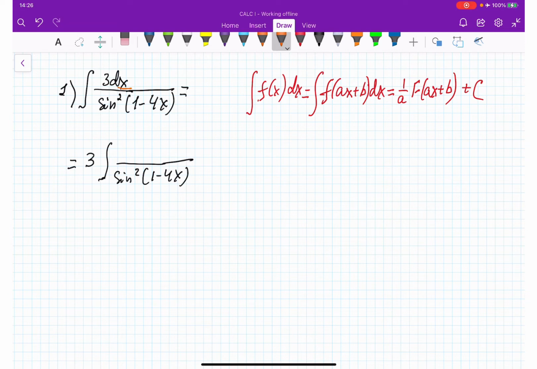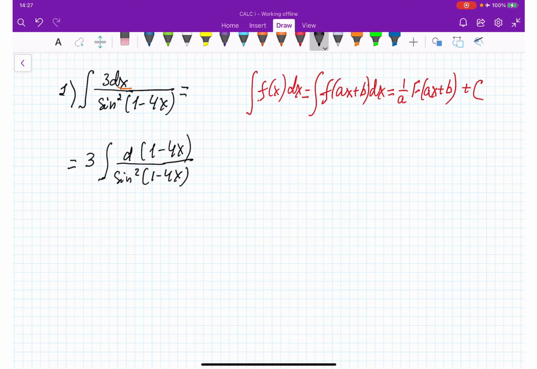So we can integrate. What I'm going to do now is write down, instead of dx, the derivative of 1 minus 4x, squeezing it underneath. Why? Because if I go backwards, the derivative of 1 is 0.